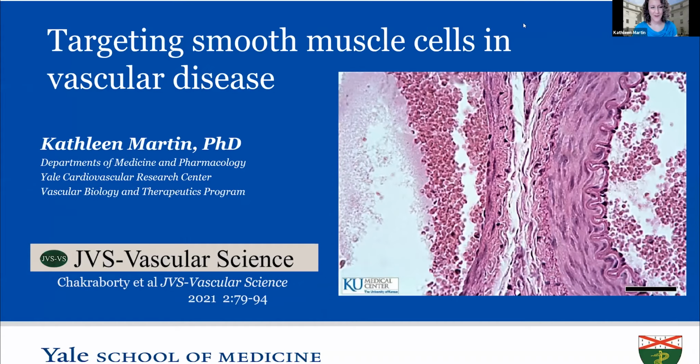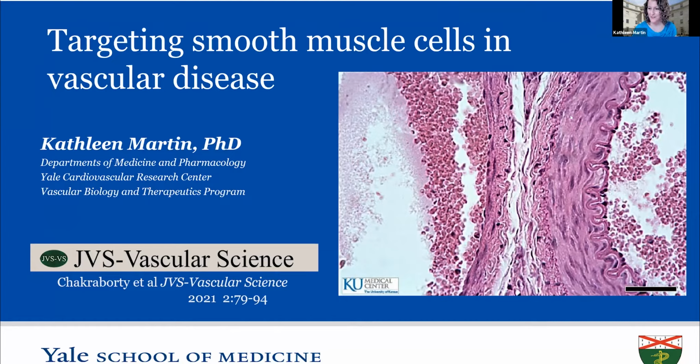Thank you. I'd like to thank the organizers so much for organizing this webinar and for inviting me to present an introduction to the other three talks, based on a review article that we recently published in JVS Vascular Science called Targeting Smooth Muscle Cells in Vascular Disease. So we all know smooth muscle cells are really remarkable cells.